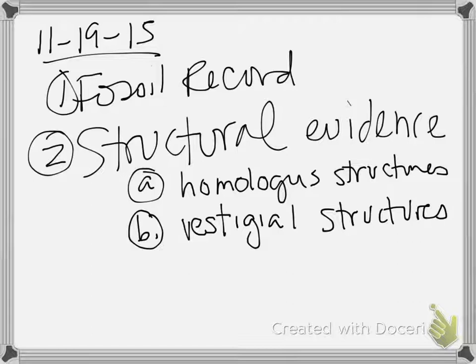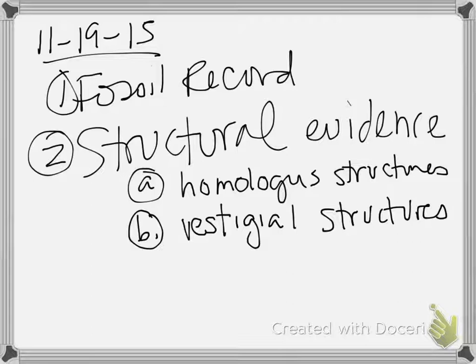So the third line of evidence is what we're going to talk about today. Do you know what a molecule is? You had physical science. What's a molecule? There are molecules in the air all around us. There are molecules in your body.